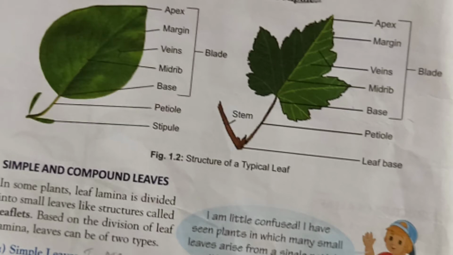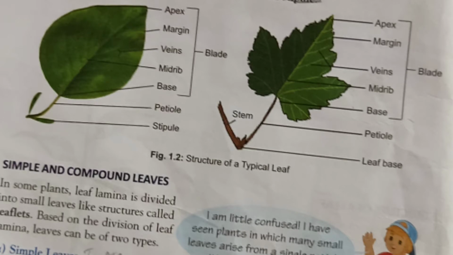This is the fourth part. The pattern of each vein is specific, and it helps in identifying a plant. The veins provide support to the blade and help in the transport of material to and away from the leaves.